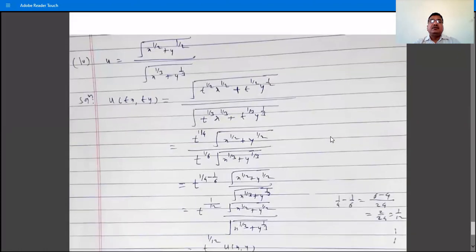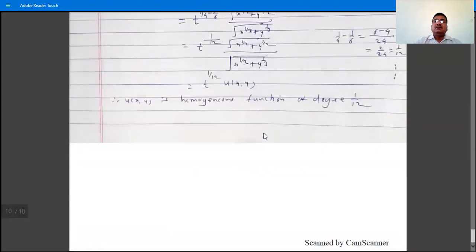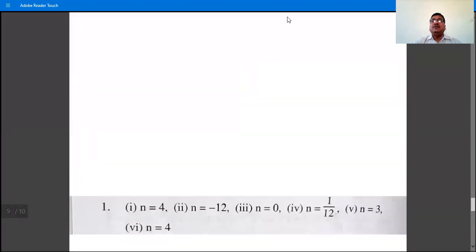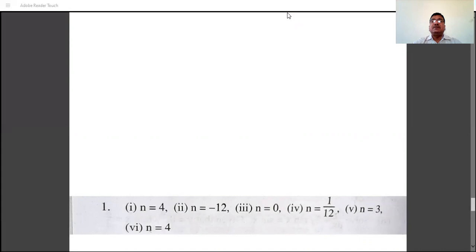So while solving the homogeneous differential equation, this topic is important: we have to check whether the given differential equation is a homogeneous differential equation.